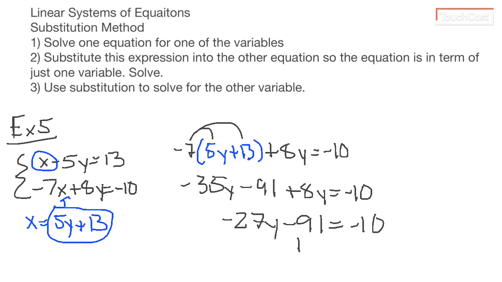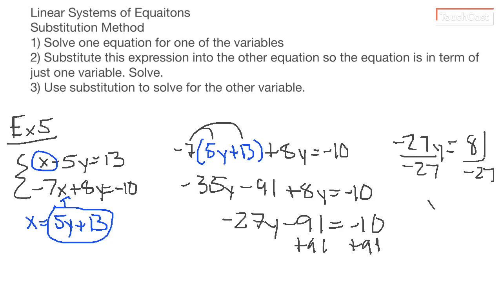We can add 91. We'll have negative 27y equals 81. And if we divide by negative 27, we're going to get y is equal to negative 3. Now to figure out x, we're going to take negative 3 and put it into one of the original equations.